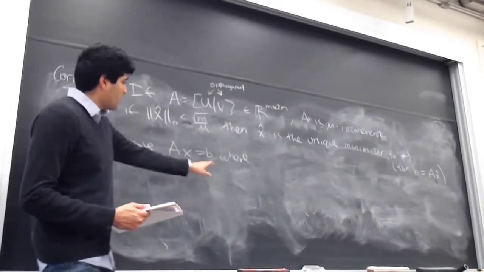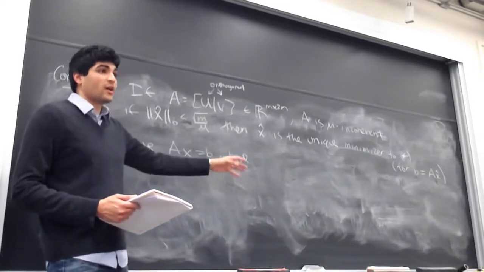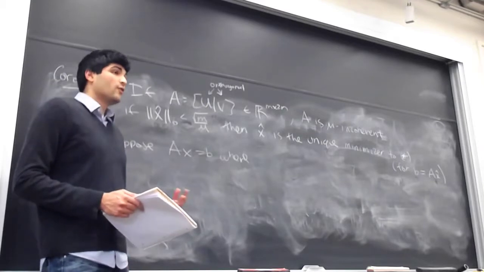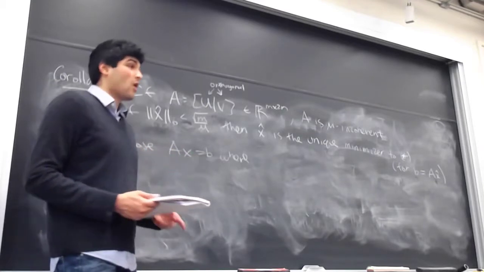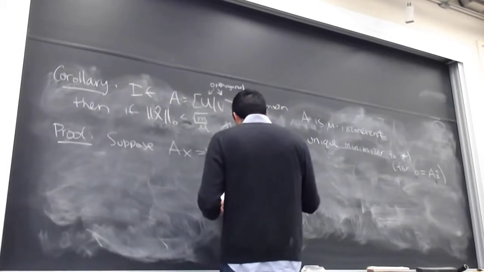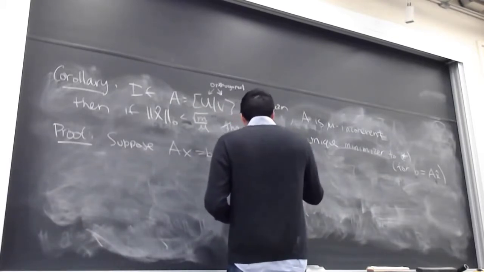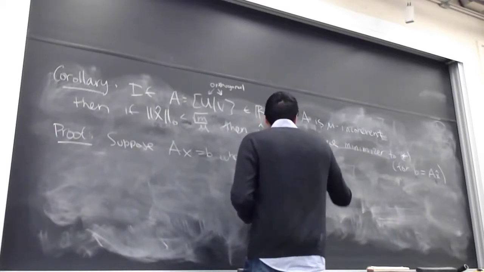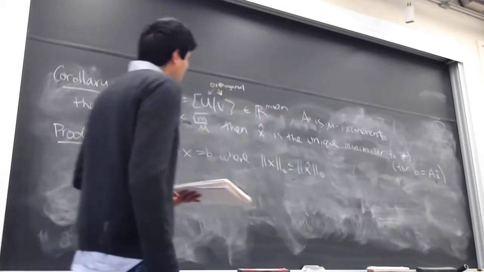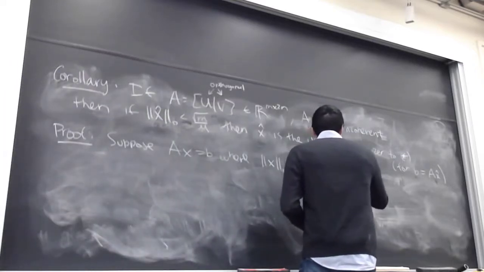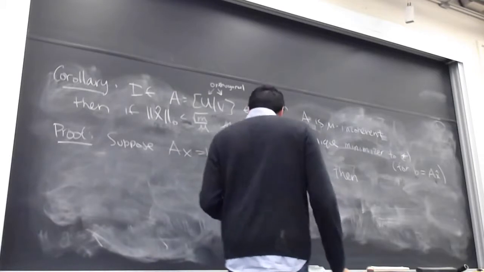This is actually the same pattern which you use to reason about things like RIP, is you just assume that there's some other solution, and then figure out a way to derive a contradiction with your RIP property itself. And we'll get to that later. So suppose that there's a solution which has at least the same sparsity. Now this will be short but subtle.